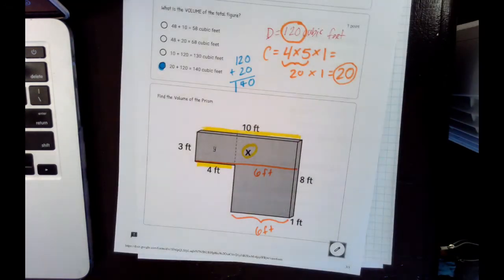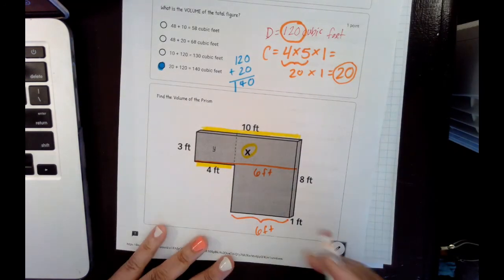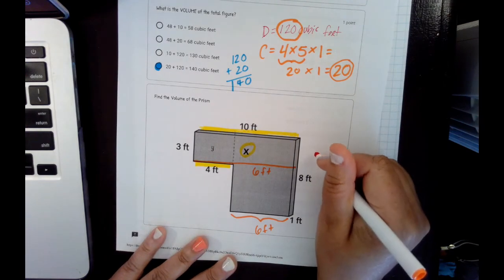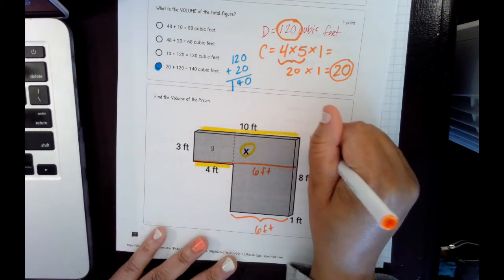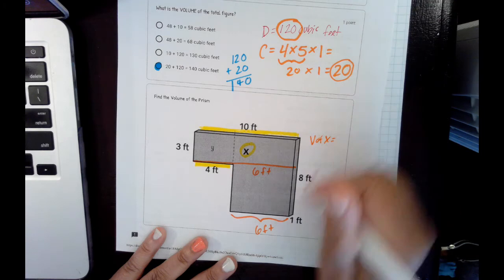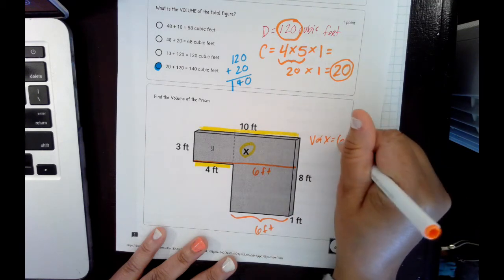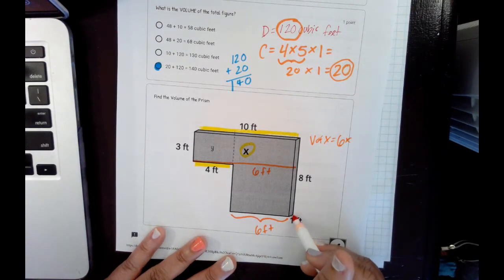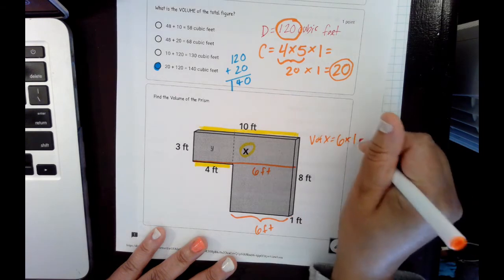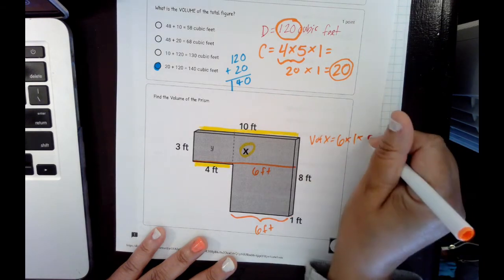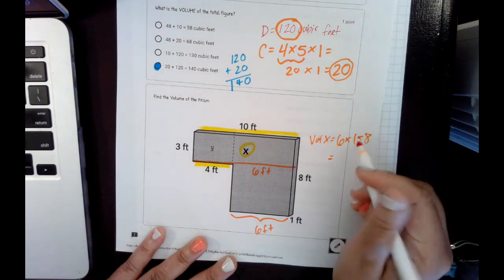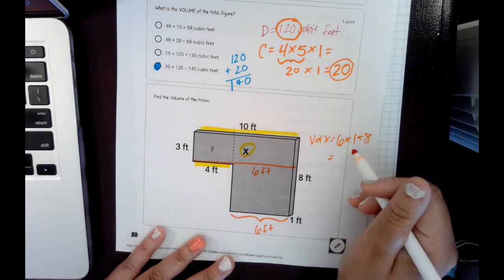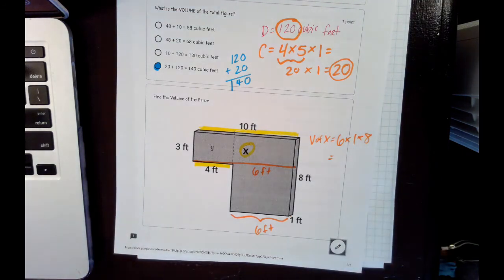Okay, so now we have the length, which is 6. So volume of X equals the length, which is 6, times the width, which is just 1, times the height, which is 8. Okay, so 6 times 1 is 6, times 8.